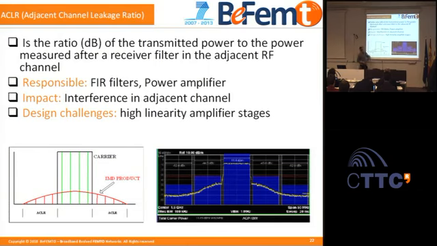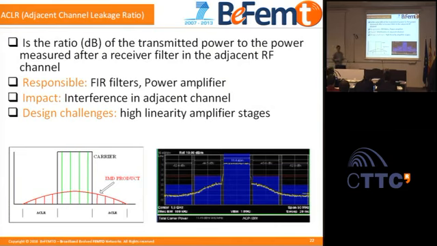The main responsibility for this lies with the filters in the digital domain, but mainly the power amplifier, because the target is to work as high as you can. The output power is set by the power amplifier, but if you work very near the limit, you can experience problems with this.